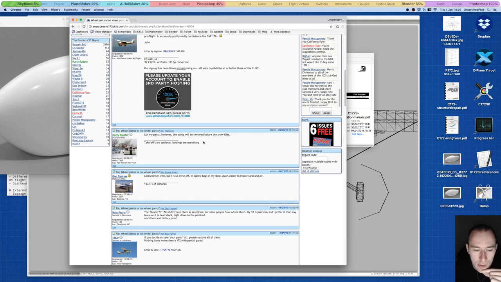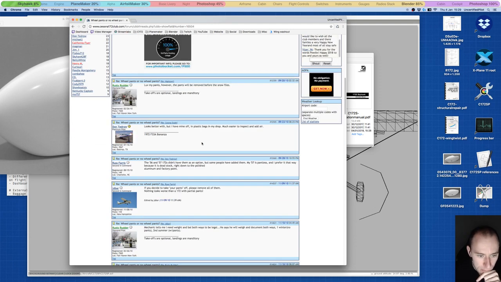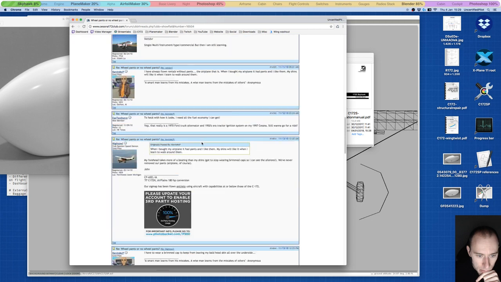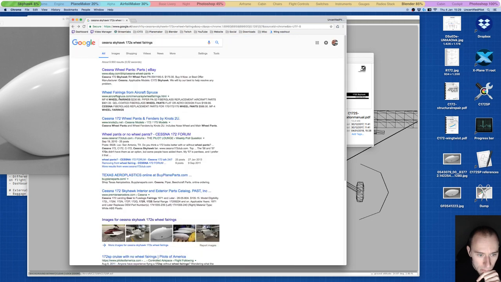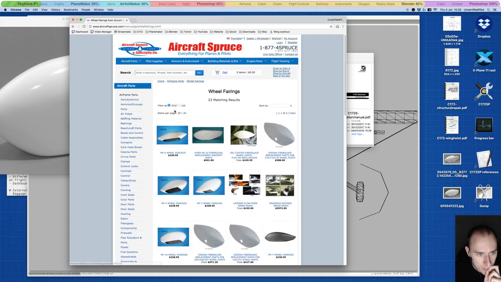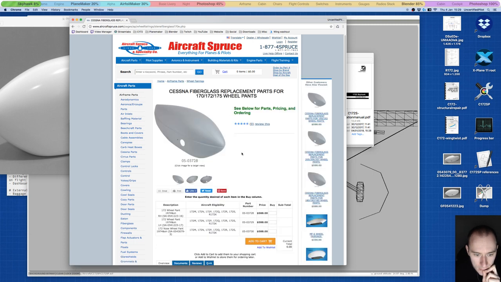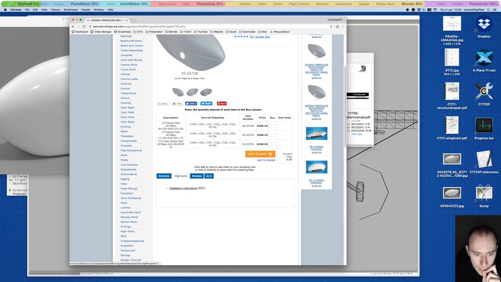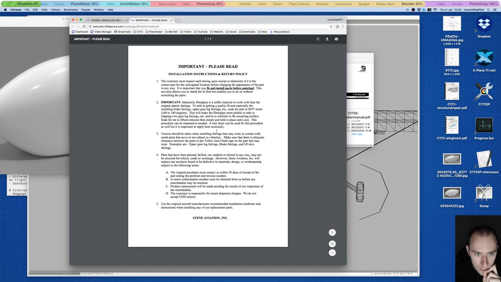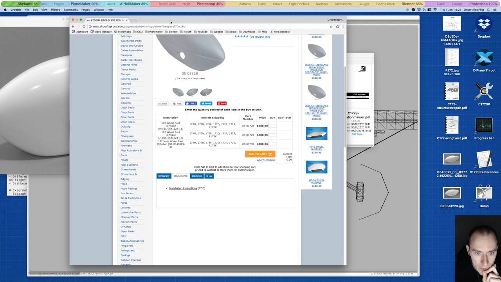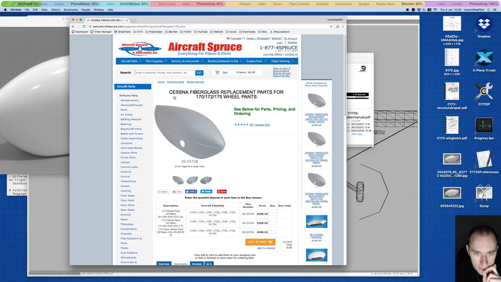The Cessna172club.com sounds good. Wheel fairings, Cessna. Documents. Installation instructions. Yeah, that doesn't include obviously the specs.